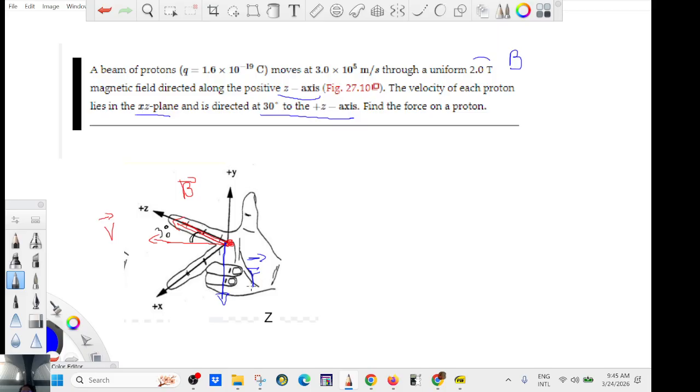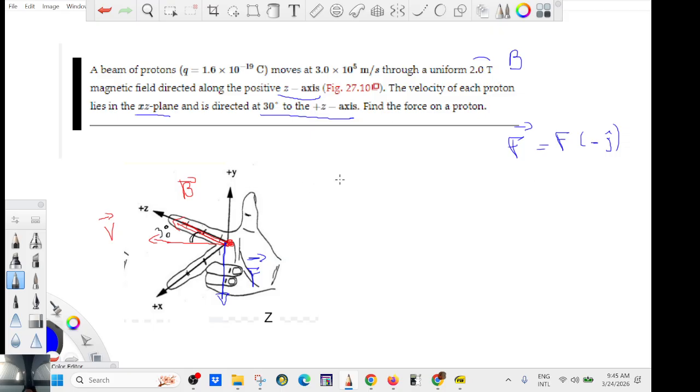So the force will be the magnitude and minus y hat, or we can call that j hat. Agree with me? Okay, once you have done the concept, now you can do the computation.